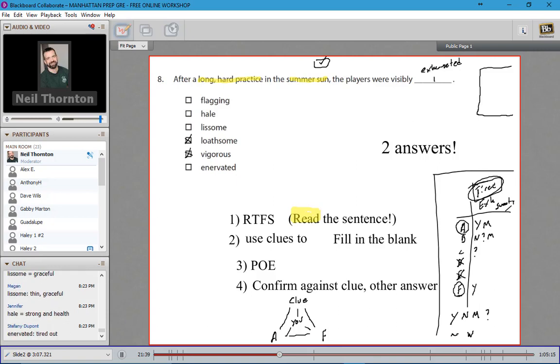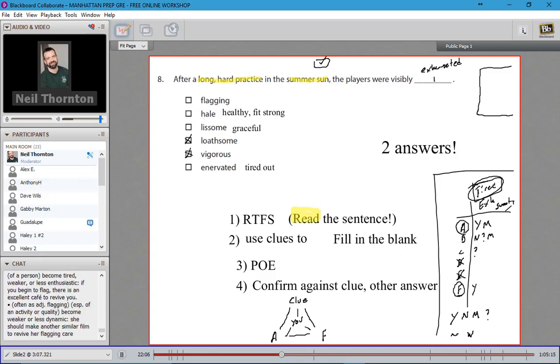So what do we got? Healthy, fit, strong, great, graceful. All right. Cool, enervated, tear down. Flagging is kind of funny. We want to find the definition that fits this particular one because it's like the tertiary or the 3rd or 4th definition of flagging here.